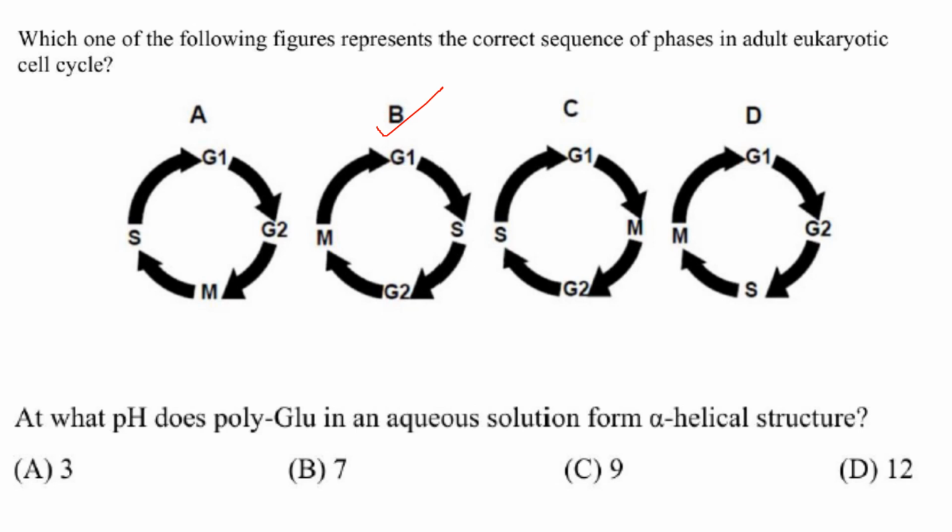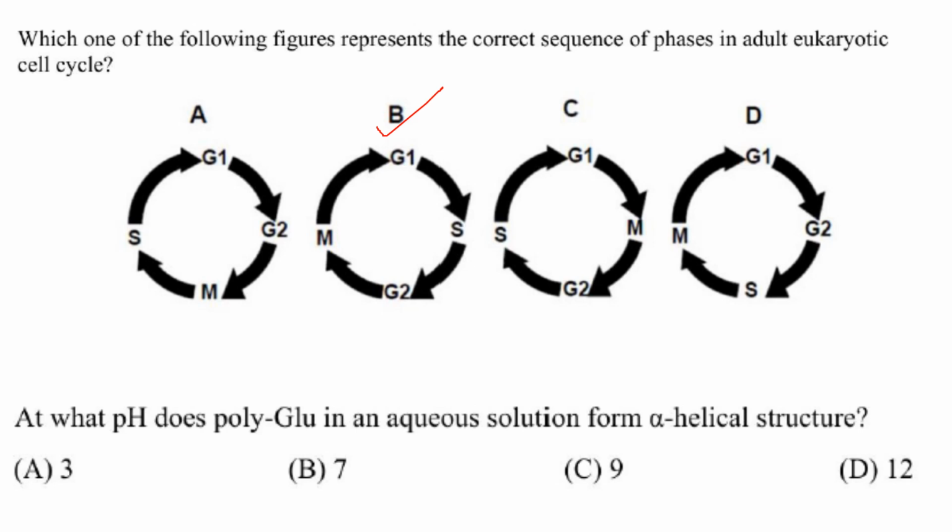So most of the side chains will be protonated, or I can say about 50% protonated. And this 50% protonation, it will allow for hydrogen bonding and formation of alpha helical structure.